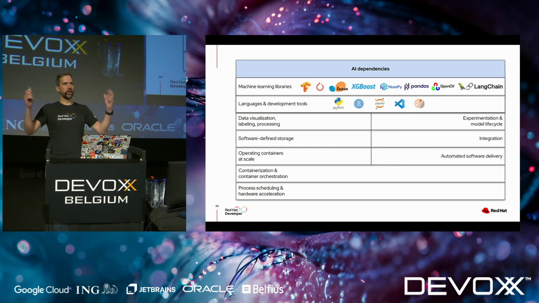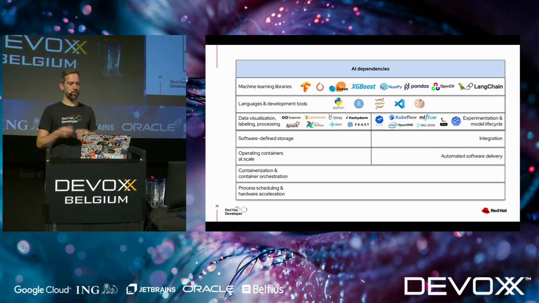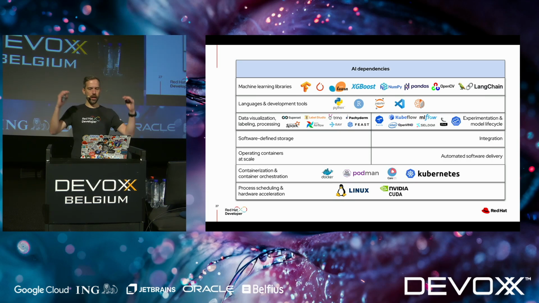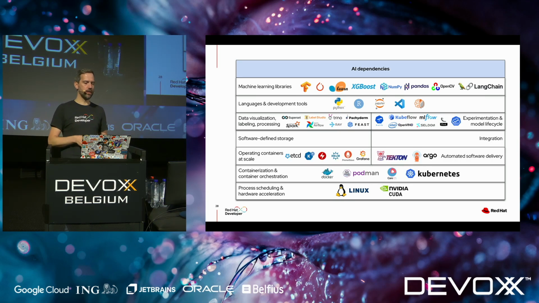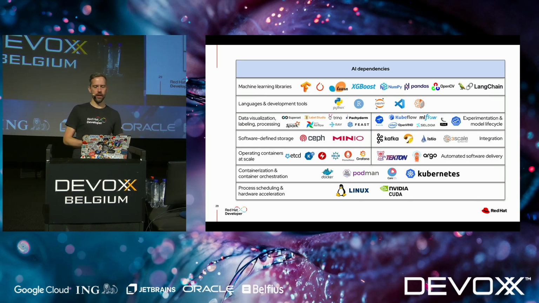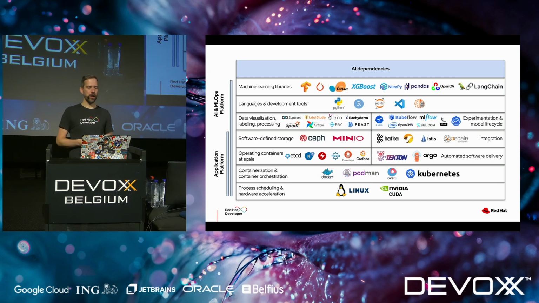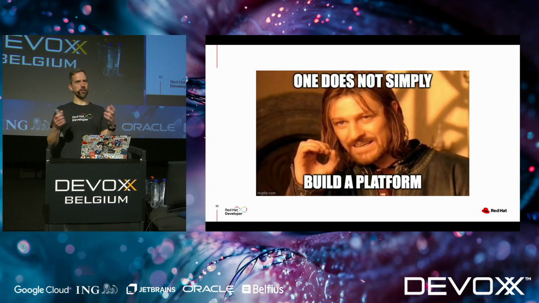So if you look at the projects that are out there for the different deliverables, we see that there's a lot of projects and a lot of open source projects as well. For every layer, right? For machine learning libraries, the language and the development tools that we have, where do we store it? How do we serve it? So how do we bring that together in a meaningful way in our organization? And so a platform is not something you just slap together, right?